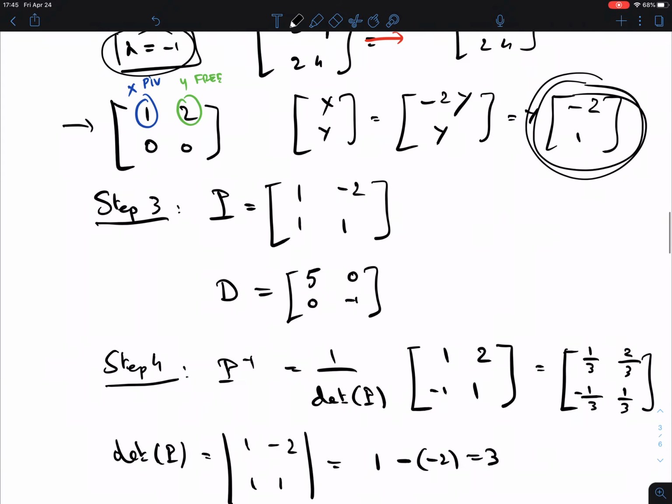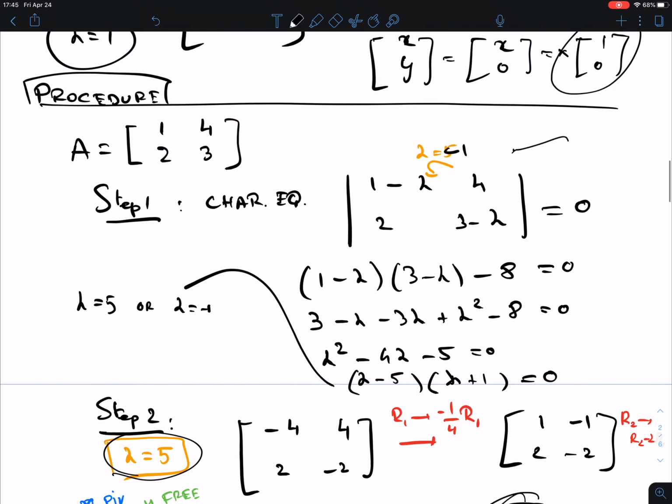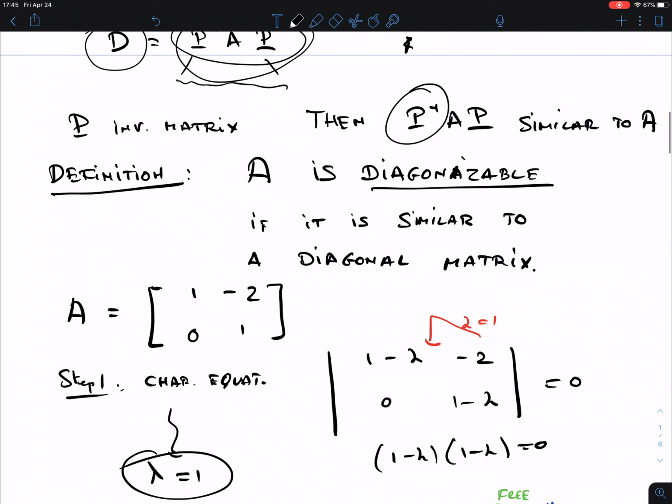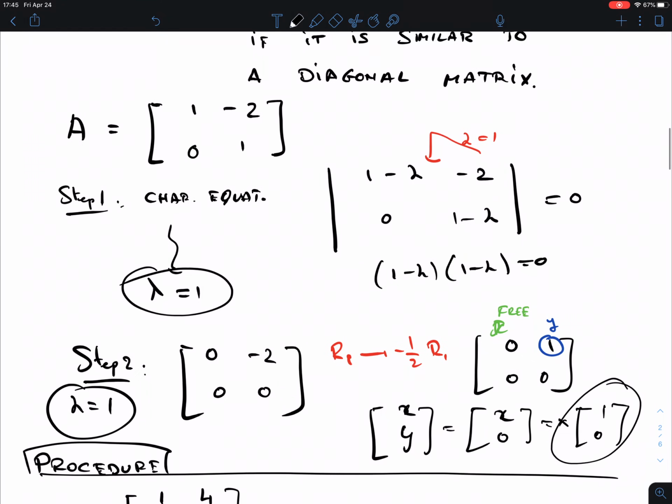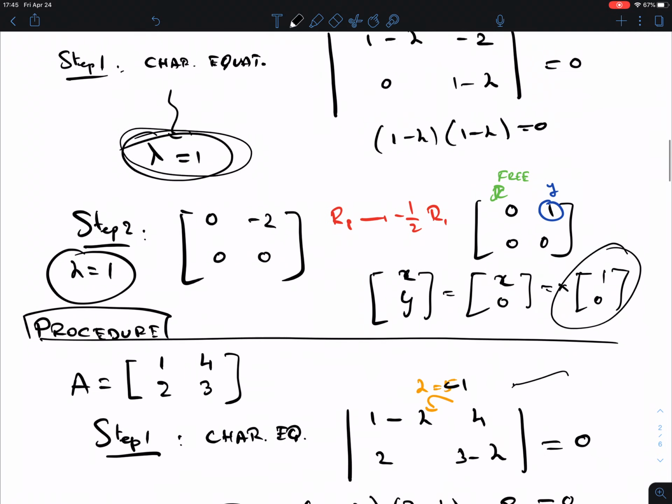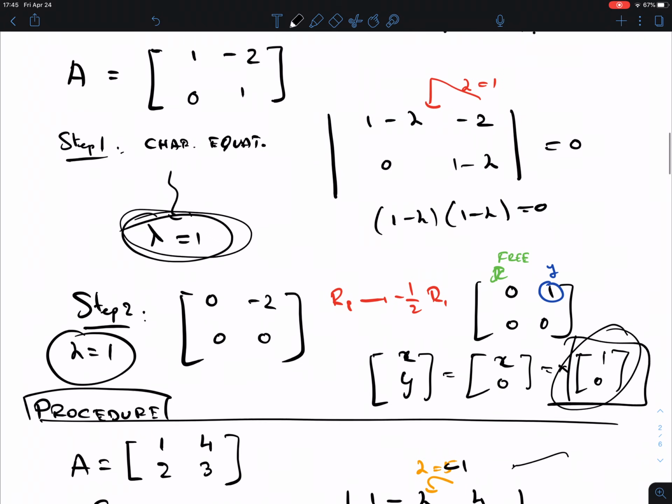Here is an example, all the way in the beginning, this one where we did, where is it? This one here also had only one eigenvalue, right? But unfortunately, the eigenspace corresponding to it had dimension 1. This lambda was twice a root, it appeared twice as a factor in the characteristic polynomial.